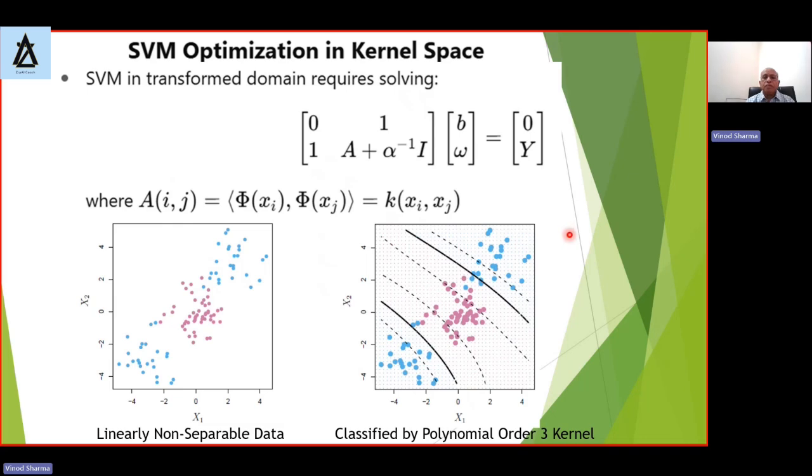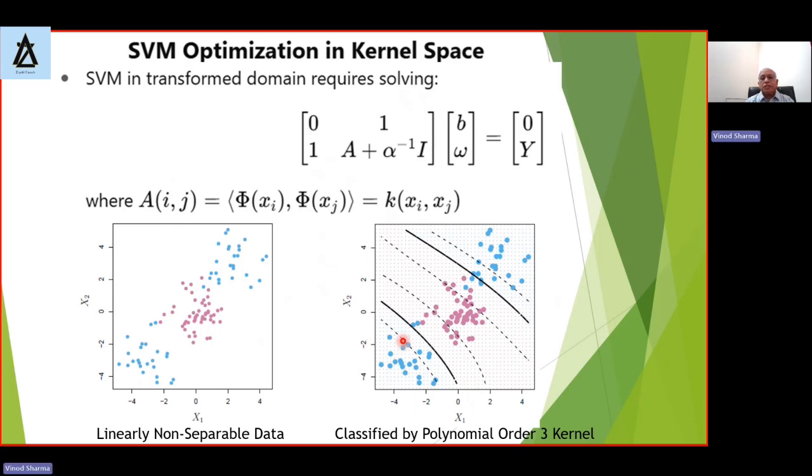So here is an example of how this kernel method can help. This is again two-dimensional data. X1 is this, X2 is this, and now blues here are class 1 and reds are class 2. But if you look at it, this data is not linearly separable.